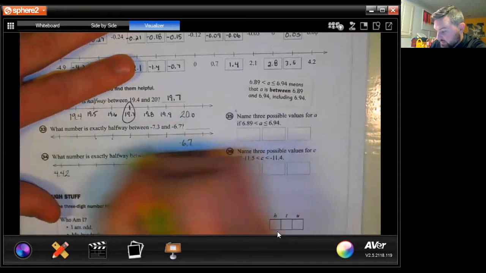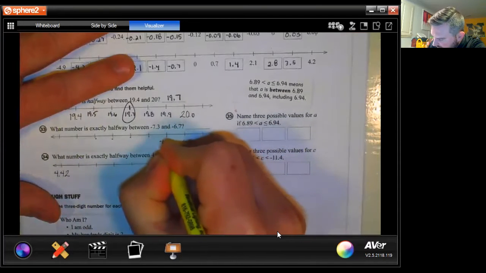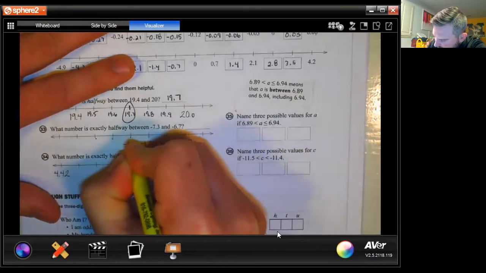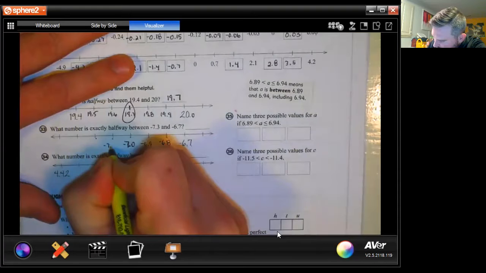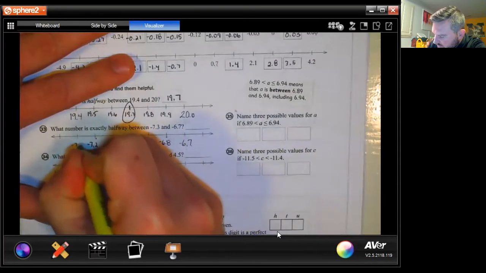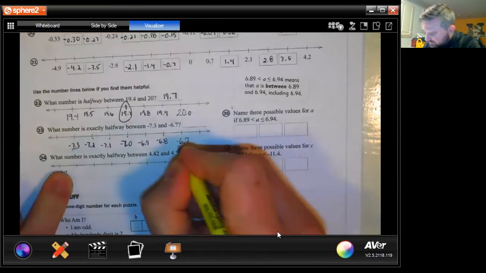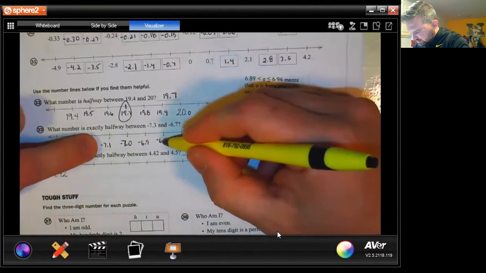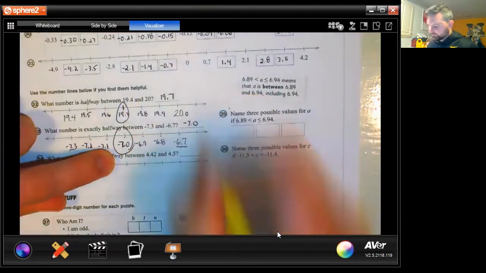We're going up because it's negative. So negative 6.8, negative 6.9, negative 7.0, negative 7.1, negative 7.2, negative 7.3. So between 7.3 and 6.7, halfway in between is right here. So negative 7.0.